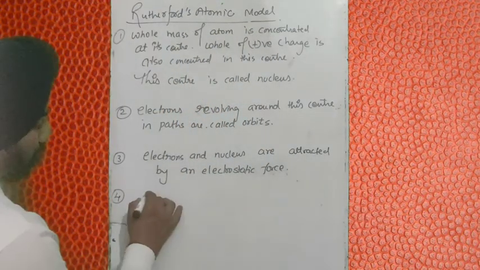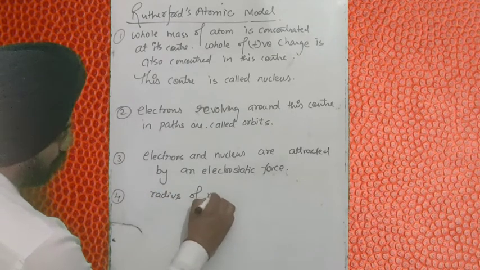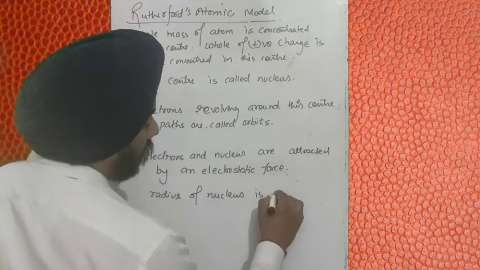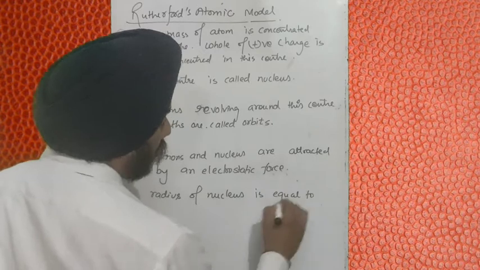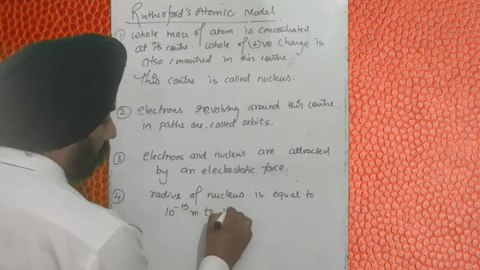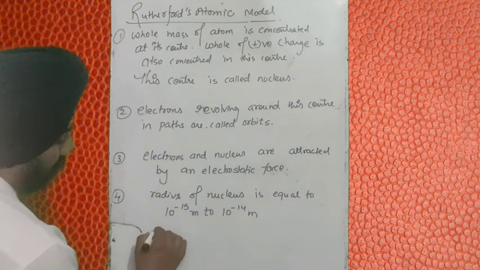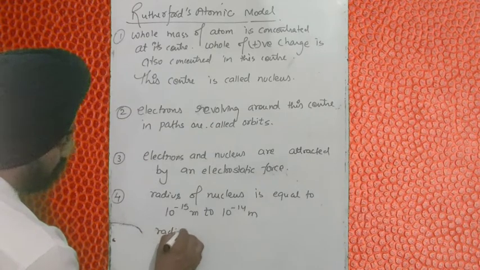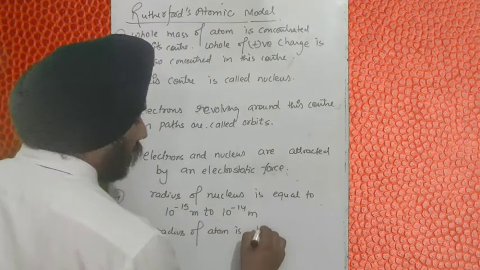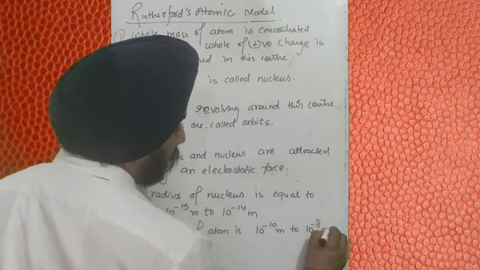He told that the radius of the nucleus is 10 to the power minus 15 meter to 10 to the power minus 14 meter. It was the range of the nucleus radius, and the radius of the atom is 10 to the power minus 10 meter to 10 to the power minus 8 meter.